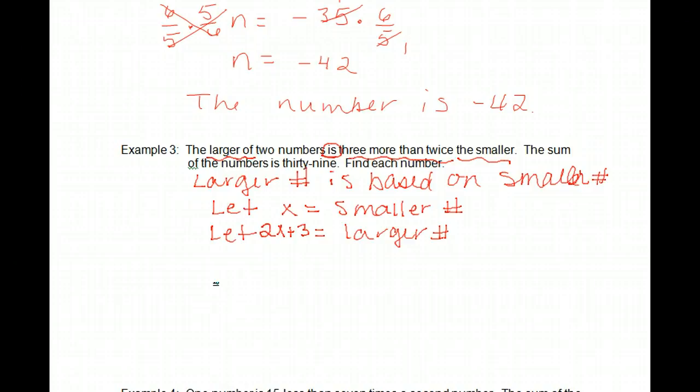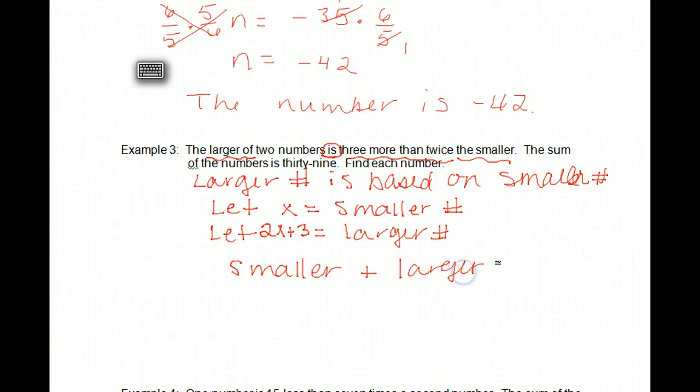That means that the larger number plus the smaller number is going to equal 39. So putting that in words, the smaller number plus the larger number is going to equal 39. That's what's going on there when they tell us that the sum of the two numbers is 39.